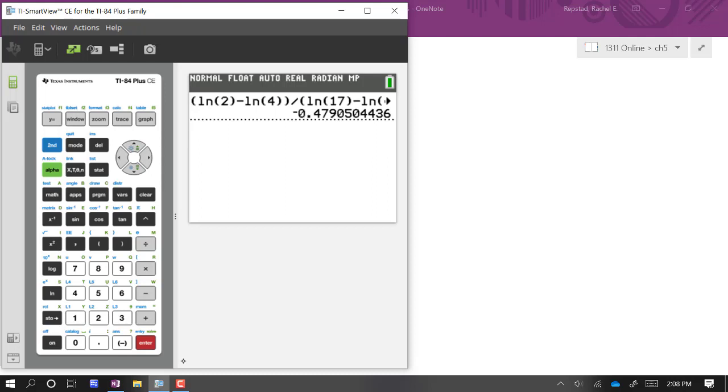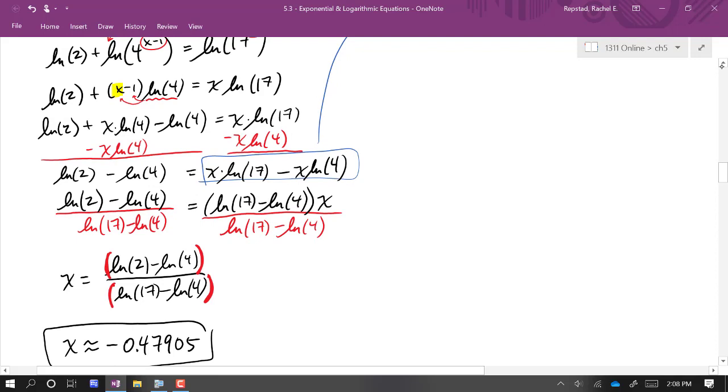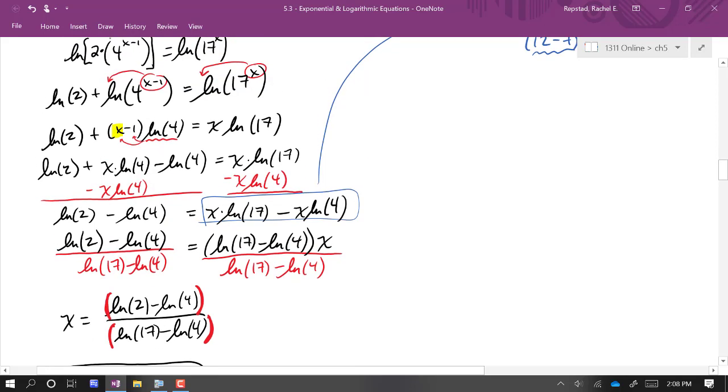And we get negative 0.47905. Oops, negative 0.5. And there's the approximation. Again, if you're more comfortable working with approximate values early on, you can do that. You could take the equation right here and rewrite it.